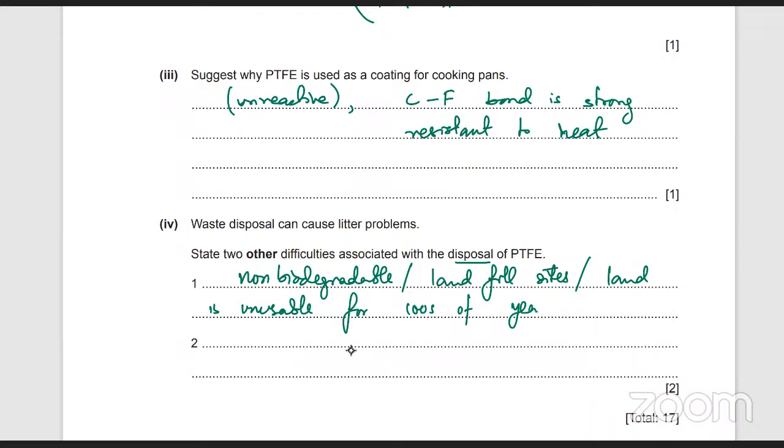What's the other one? Disposal problems. So burning releases CO2 and other poisonous gases. Since it's got fluorine, it could also produce HF, etc. So harmful poisonous gases.